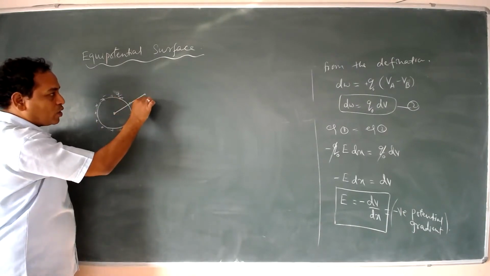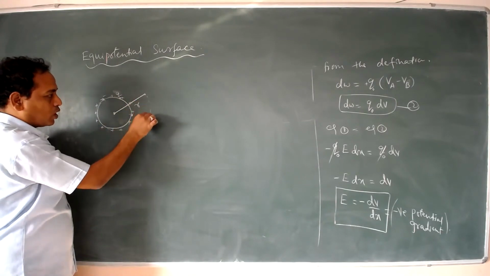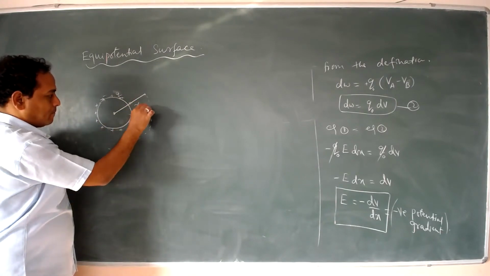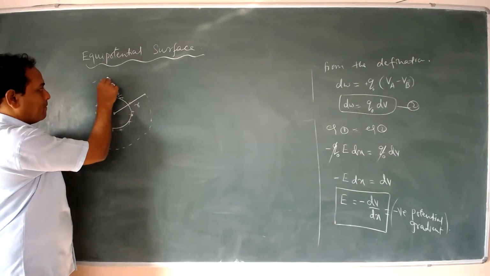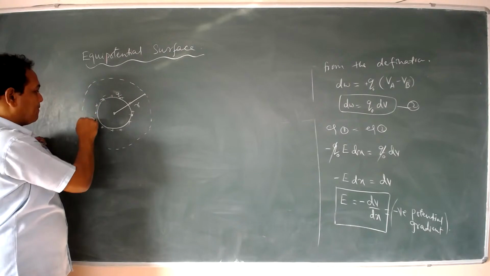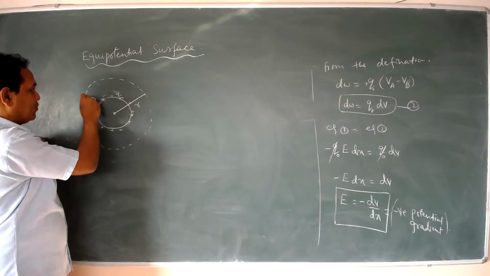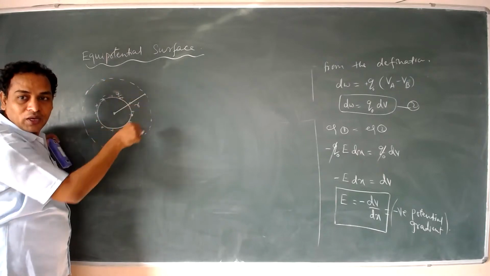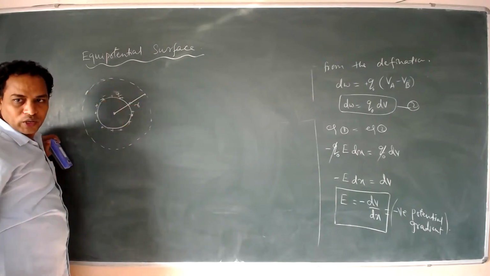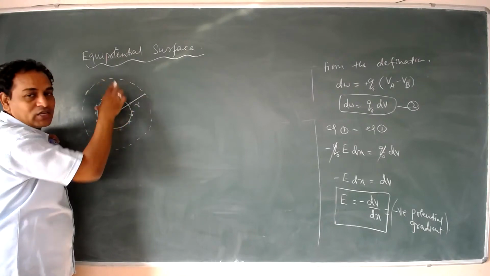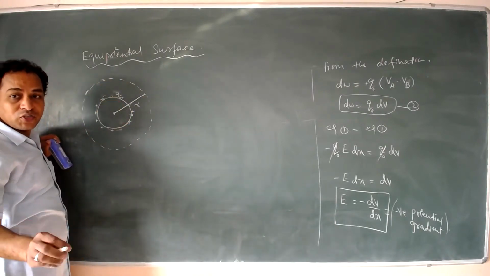Therefore, if I draw one surface of radius small r, this is an imaginary sphere, or Gaussian sphere, we can say. This is the imaginary sphere of equal radius at which the potential will be the same.